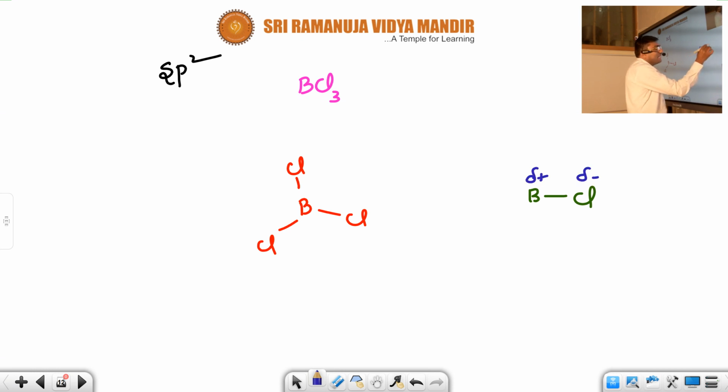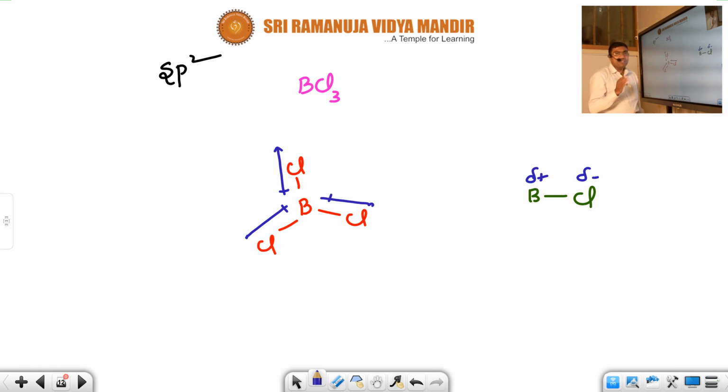This is delta plus, this is delta minus. But if you see the overall bond polarity, it is as follows. Naturally, the bond moments get cancelled, because you have studied the subject of vectors in physics, and here the net dipole moment is 0.